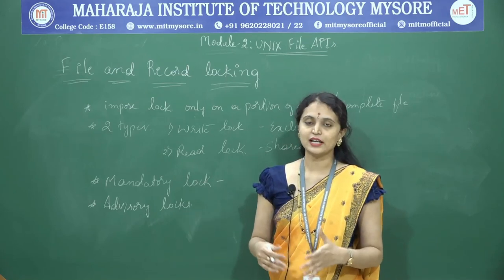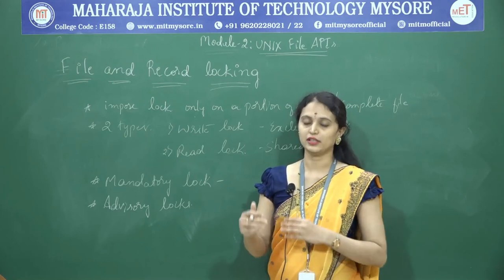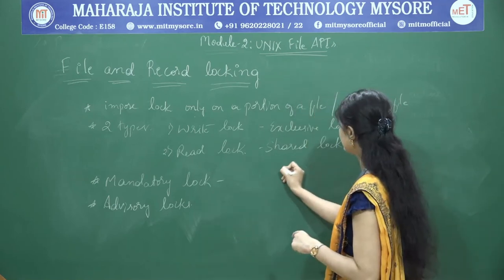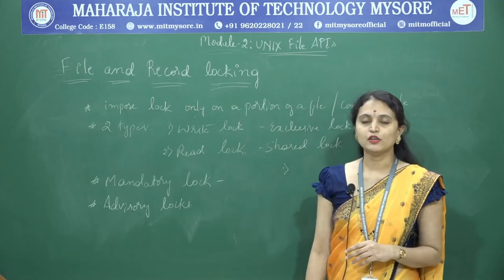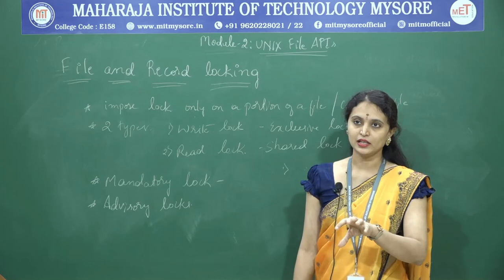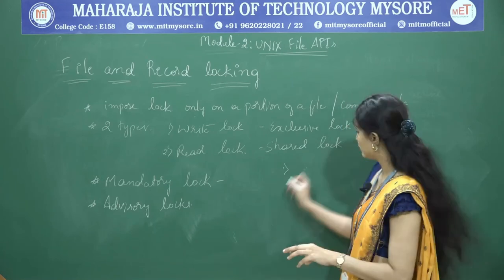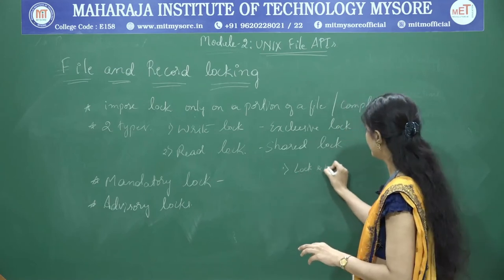In order to use this advisory lock properly, the process has to follow a three-step procedure. The first step is that the process will request a lock on a particular region of a file, and then it will wait. First it will try to lock the file and then wait.